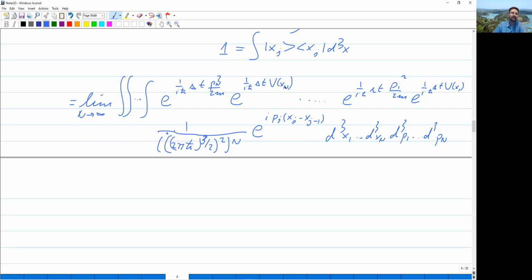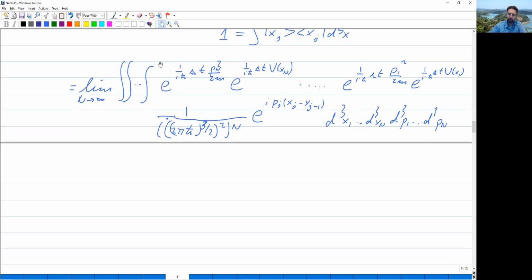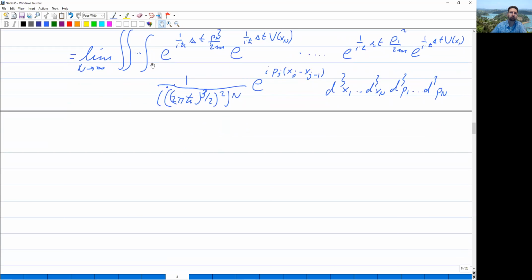So we can't make general statements here for arbitrary potentials, but we can say what's going on with the momentum, namely at most quadratic terms. And when we have at most quadratic terms, then we have a chance to complete the squares and to do an integration, a Gaussian integral.